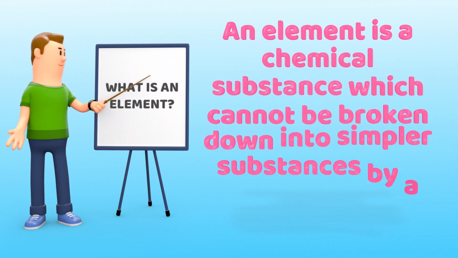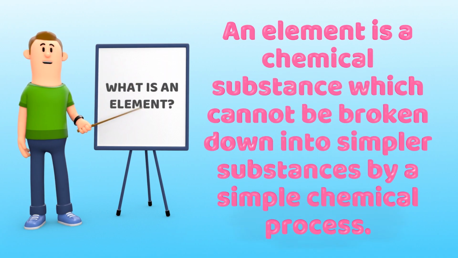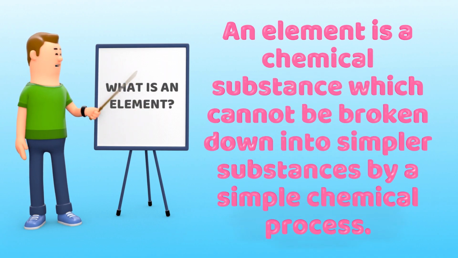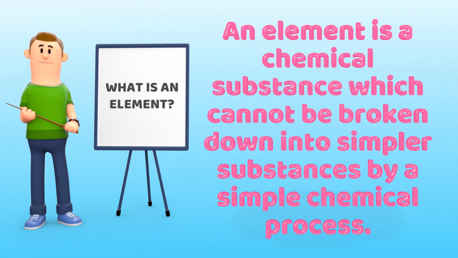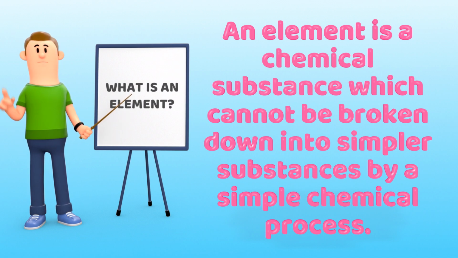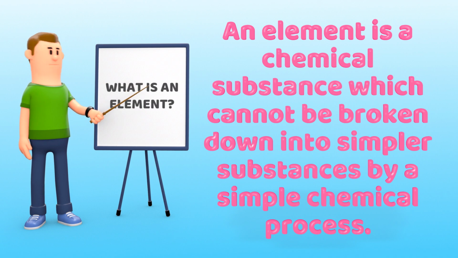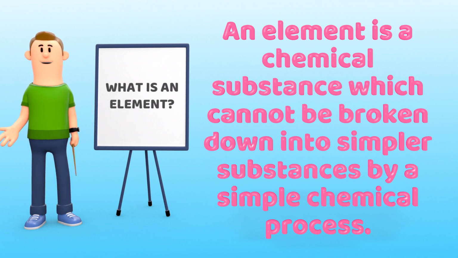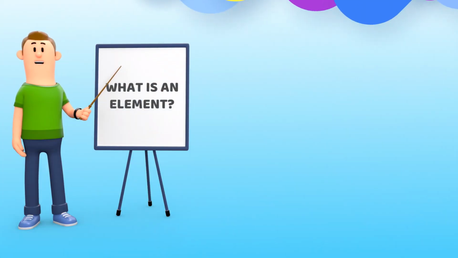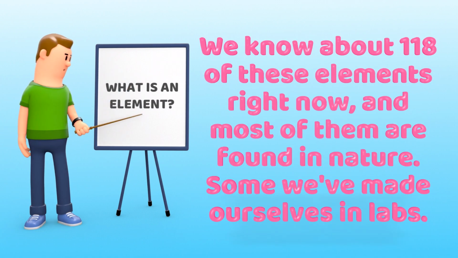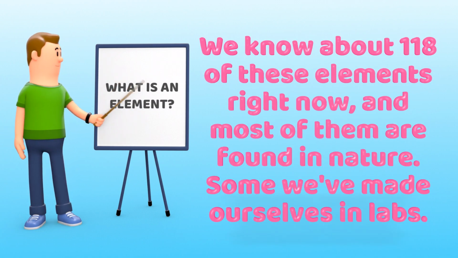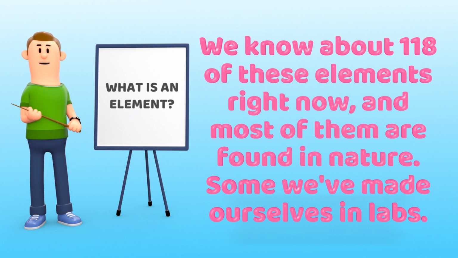Let's now ask ourselves, what is an element? An element is a chemical substance which cannot be broken down into simpler substances by any chemical means. Currently, there are about 118 elements, and most of them are found in nature.